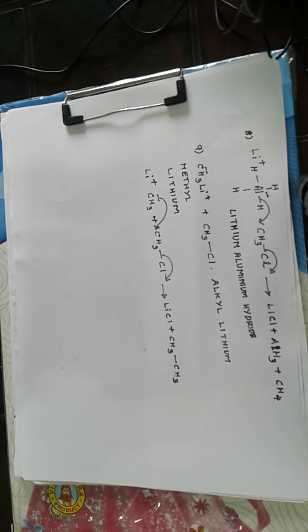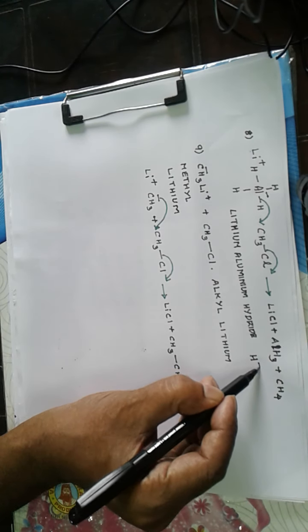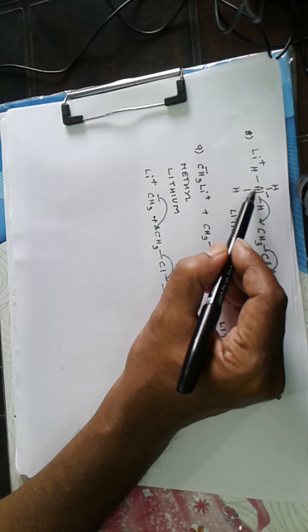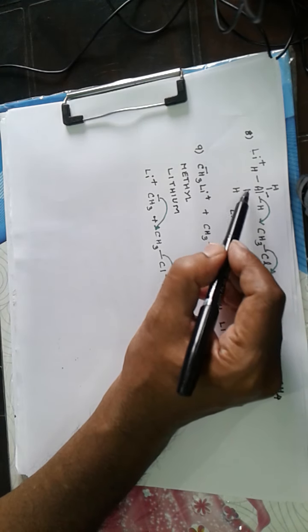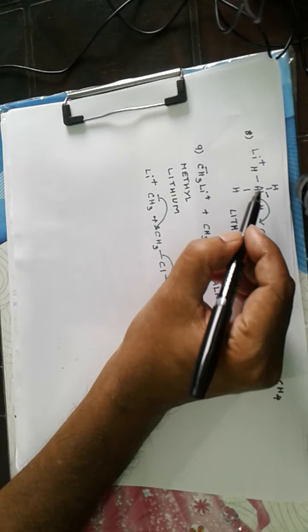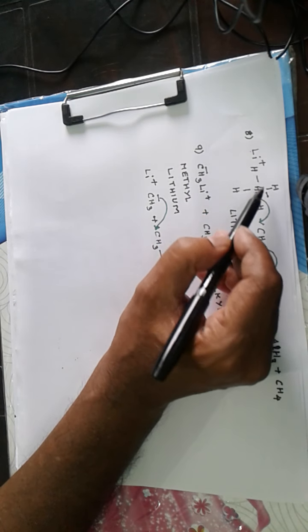As the name indicates, it can provide hydride ion, that is H minus. It has a structure like this, aluminum with the 4 valencies. The usual valency of aluminum is 3. When it becomes 4, it gains a negative charge, and lithium positive ion neutralizes the negative charge, and the salt is called lithium aluminum hydride.